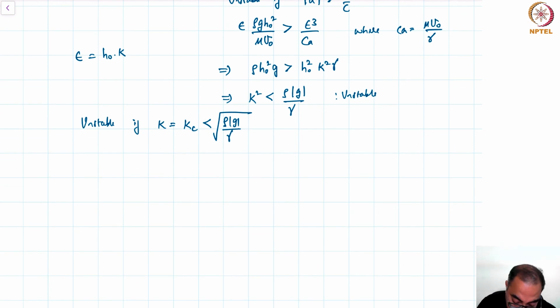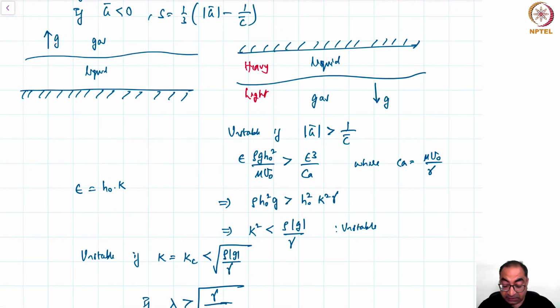So we can come up with a dimensionless variable called the Bond number from this calculation, but I will skip that for the moment. It means that if K is smaller than a certain value, or if the wavelength is larger than gamma by rho G, if waves are larger than a certain wavelength, gravity will contribute to the film becoming unstable, provided we have this inverse configuration.